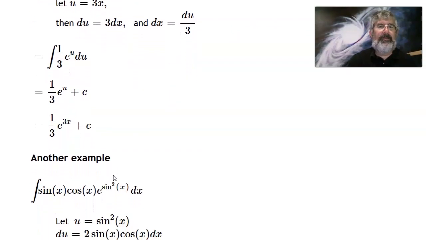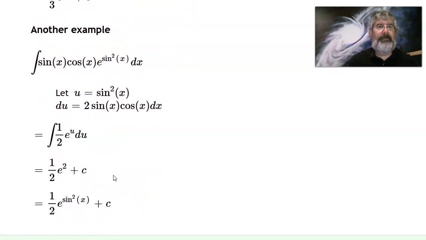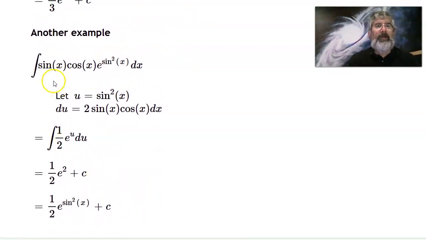Right. Here's another example. So we'll bring it right up to the top here so you can see the whole thing. The integral of sine x cosine x e to the sine squared x dx. Okay. Now, I am seeing that exponent that's not just an e to the x, it's an e to something else. So I'm letting u be that whole exponent, sine squared x.